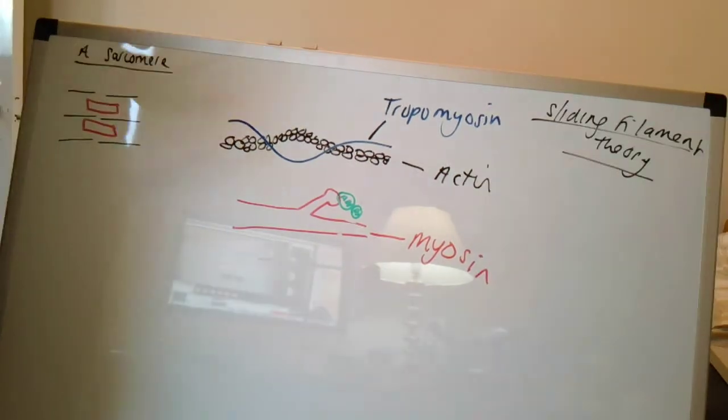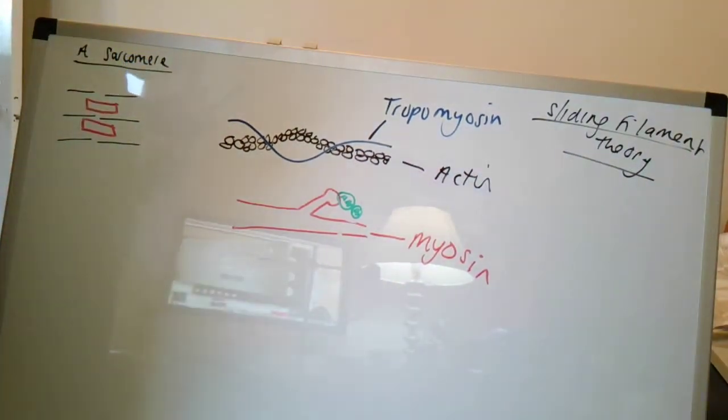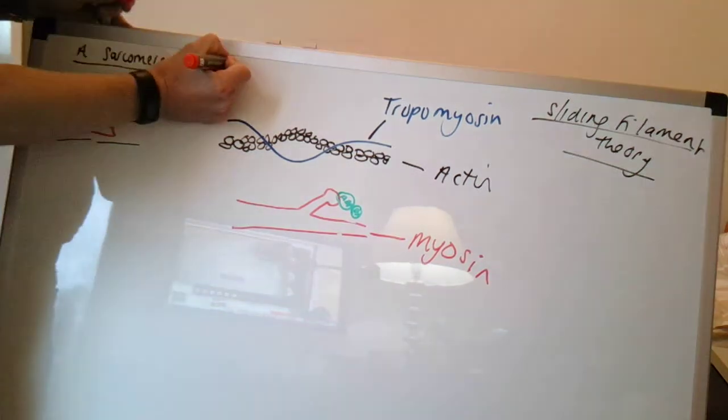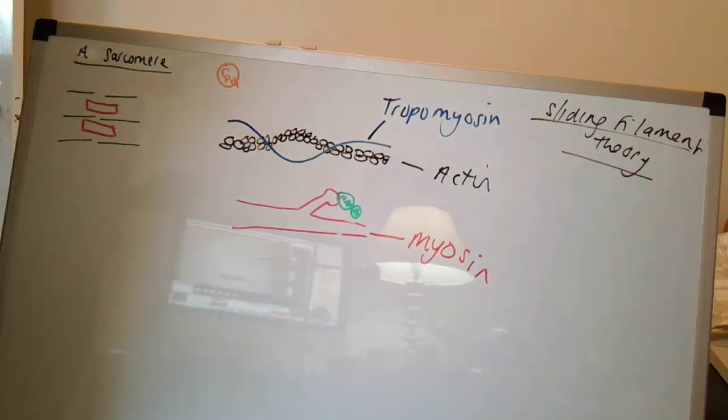Now, I'm going to go through the process in a moment, but we also need calcium ions, because they are really important, Ca2+, hopefully you can see that, for this process. Now then, let's start off.